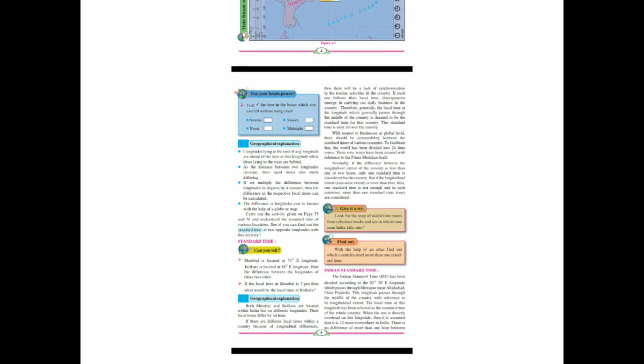Now I am going to explain it. Both Mumbai and Kolkata are located within India on different longitudes. Their local times differ by an hour. If there are different local times within a country because of the longitudinal difference, then there will be a lack of coordination in the routine activities in the country.